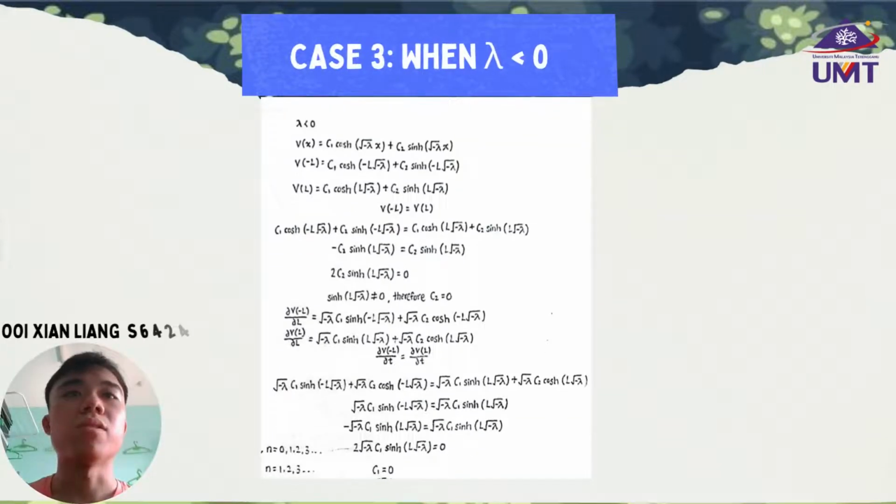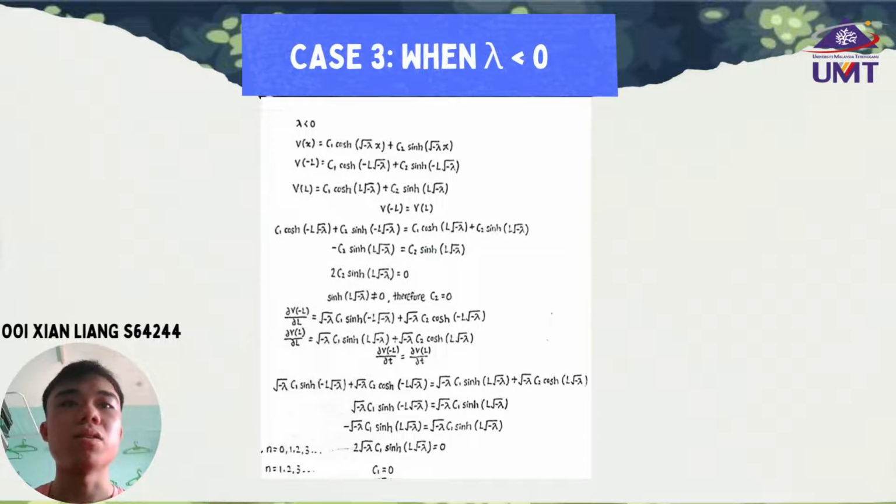For case 3, lambda is negative, V(x) = C1 cos(√(-λ) x) + C2 sin(√(-λ) x). V(-L) = C1 cos(-L√(-λ)) + C2 sin(-L√(-λ)). V(L) = C1 cos(L√(-λ)) + C2 sin(L√(-λ)). V(-L) = V(L), so C1 cos(-L√(-λ)) + C2 sin(-L√(-λ)) = C1 cos(L√(-λ)) + C2 sin(L√(-λ)).